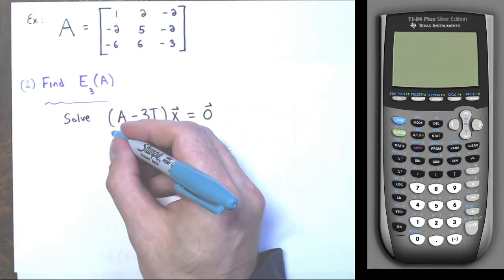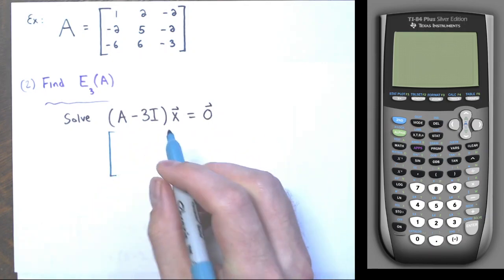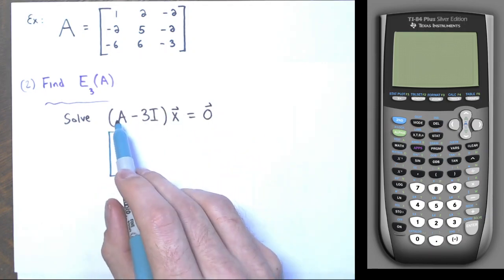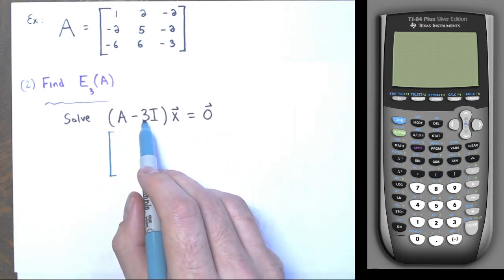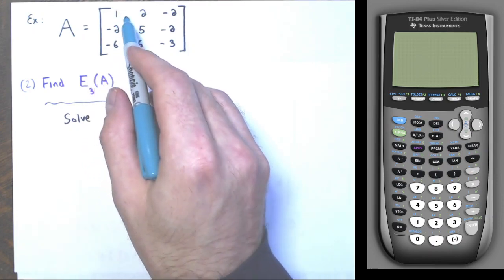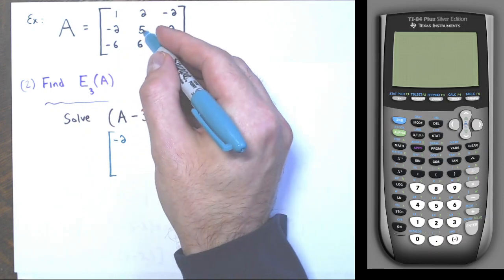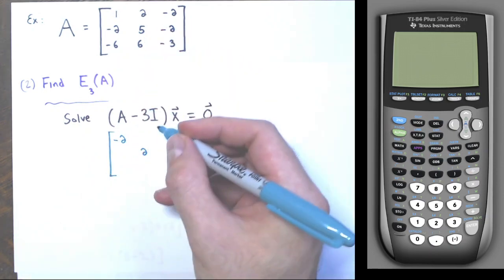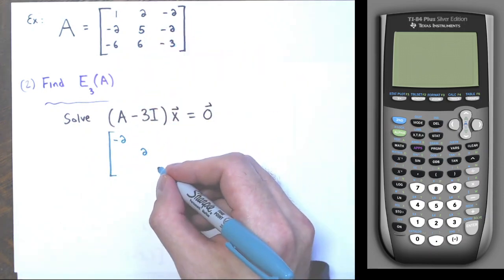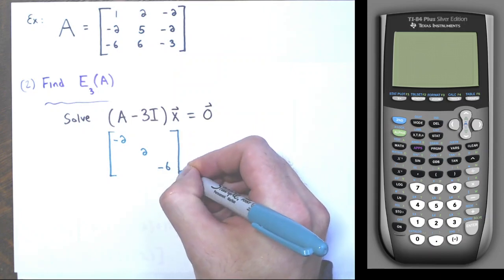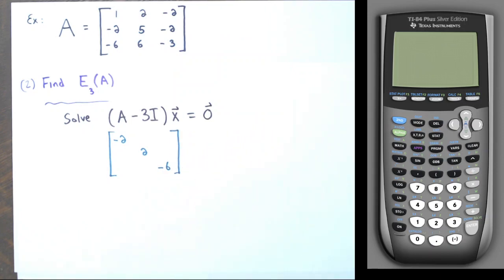What is this A minus 3I? Let's just take matrix A and subtract 3 from all the diagonal entries. So 1 minus 3, -2, 5 minus 3, +2, -3 minus 3, -6, and then all the other non-main diagonal entries stay the same.